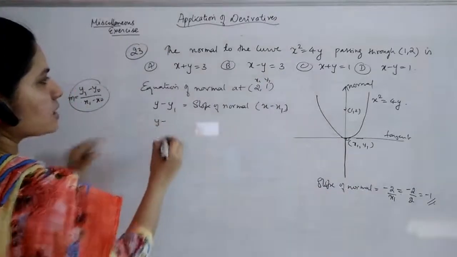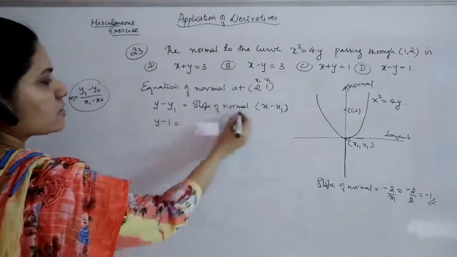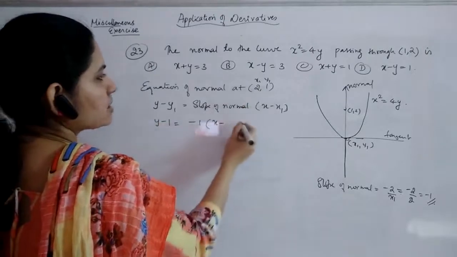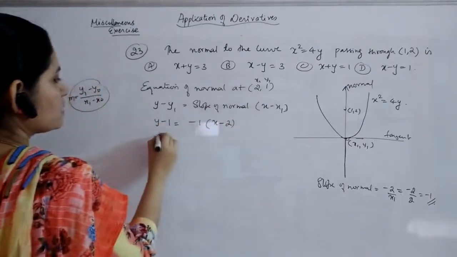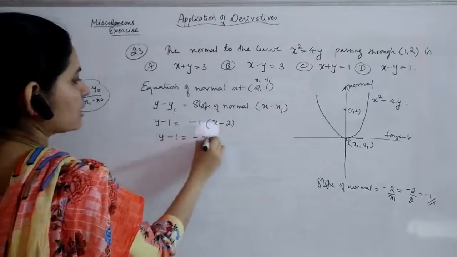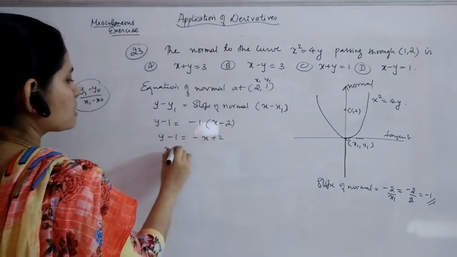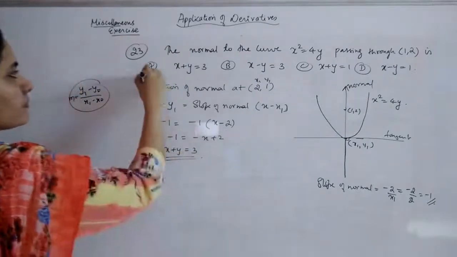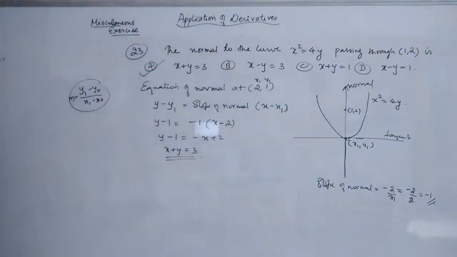So y minus y1, which is 1, is equal to slope of the normal, minus 1, into x minus x1, which is 2. So you're getting y minus 1 is equal to minus x plus 2, or x plus y is equal to 3. So the option A is the equation of the normal.